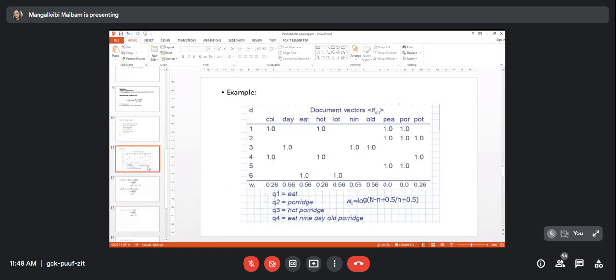Now we will start the computation. I have just written the matrix which we have already done in our previous classes.